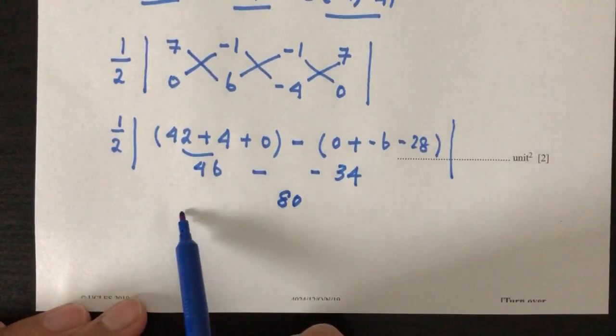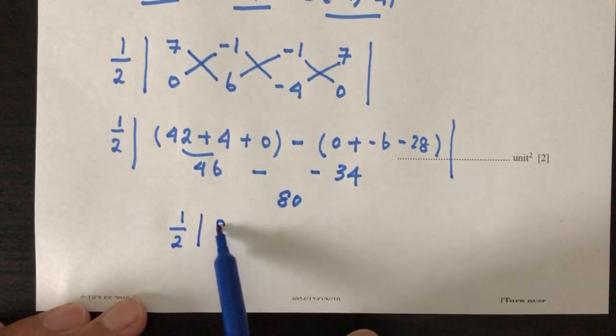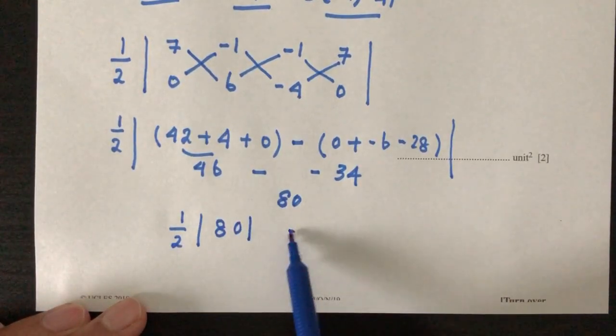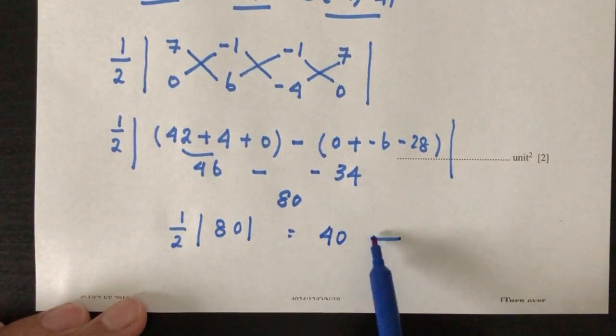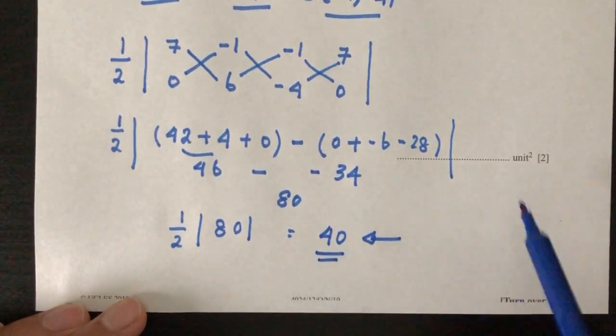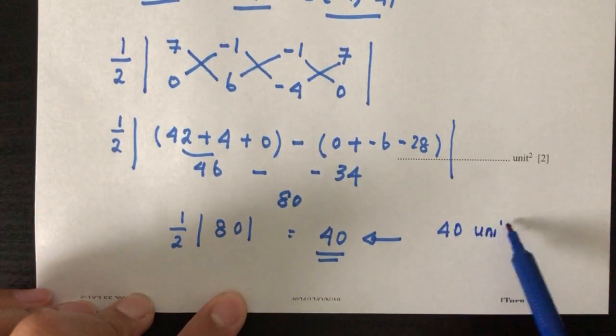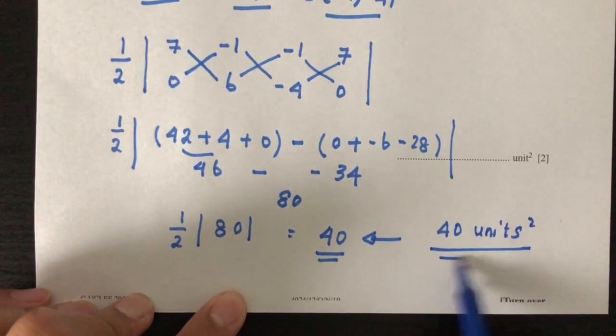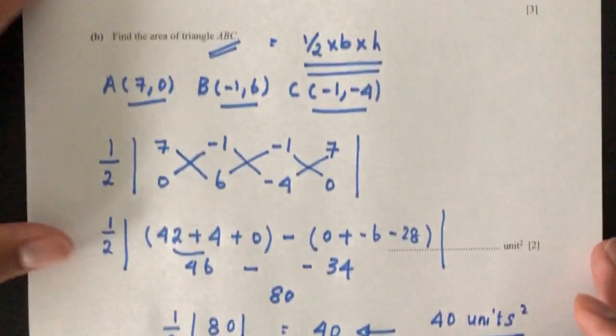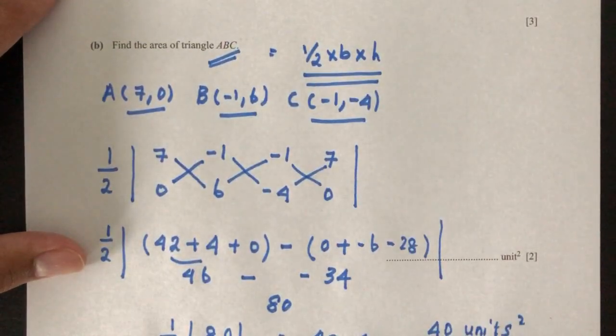So your answer is half of 80, which is 40. So your area will be 40 units square. This is your formula for the area of a triangle.